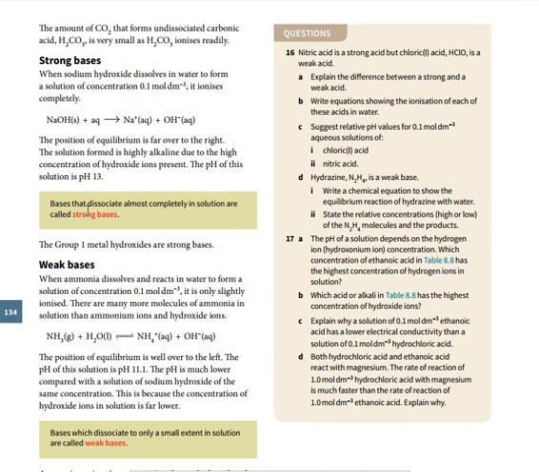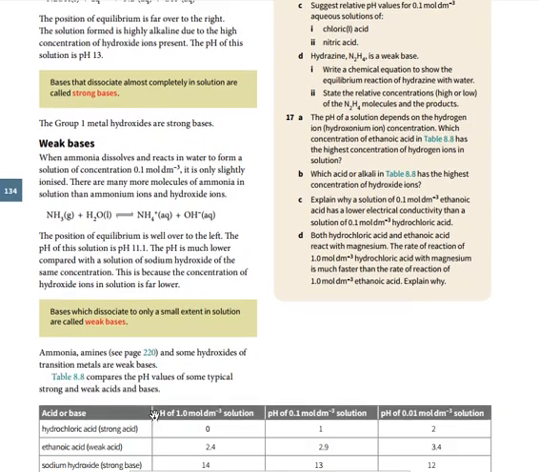The reactions of weak bases and weak acids occur in equilibrium, because they cannot completely dissociate in water, while strong acids and strong bases occur with complete dissociation. Strong bases dissociate completely in solution and produce hydroxide ion, while weak bases dissociate only partially, to a small extent, in solution.